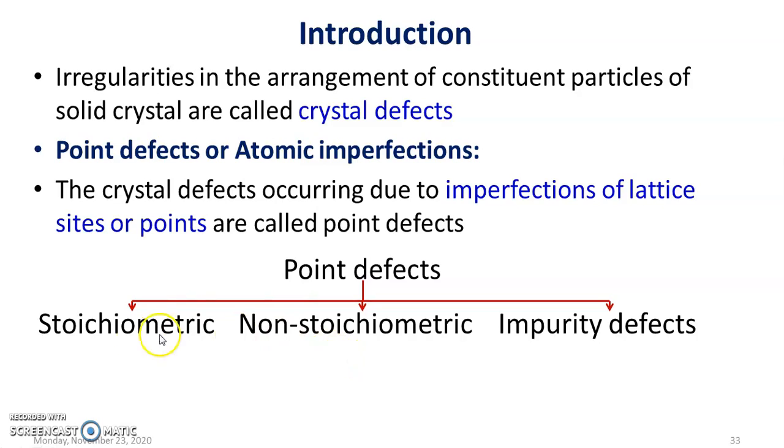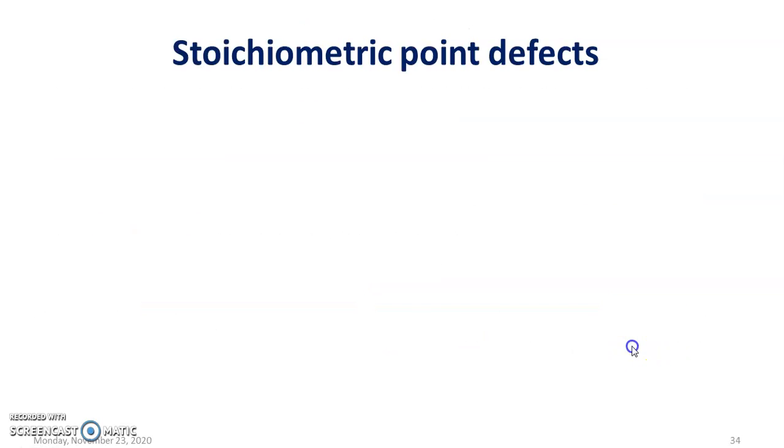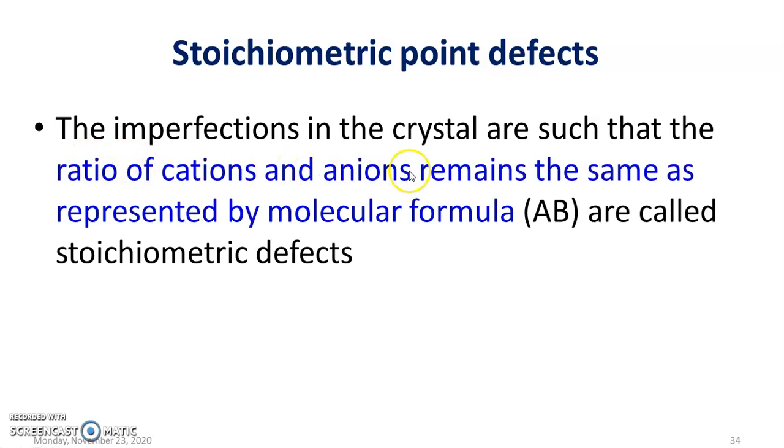There are three types of point defect: stoichiometric point defect, non-stoichiometric point defect, and impurity defect. So what do you mean by stoichiometric point defects? The imperfections in the crystal are such that the ratio of cations and anions remains the same as represented by the molecular formula, say for example AB, are called stoichiometric defects.